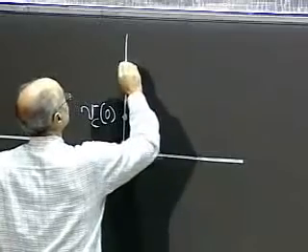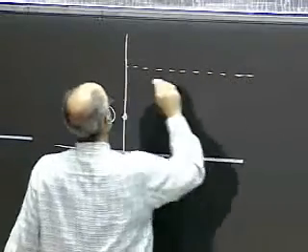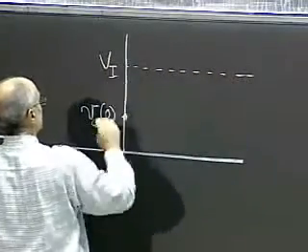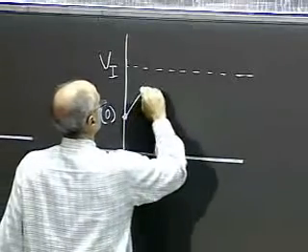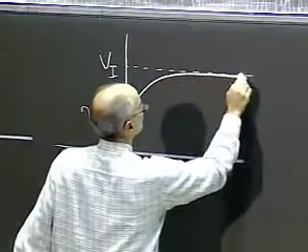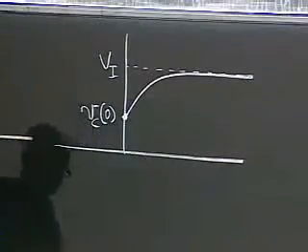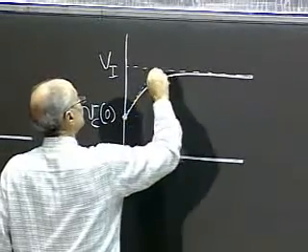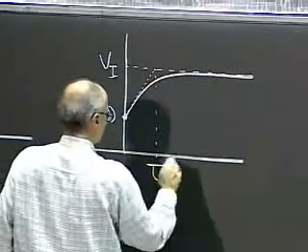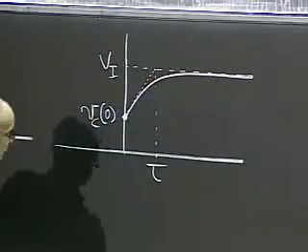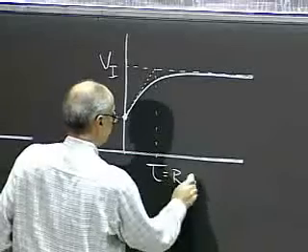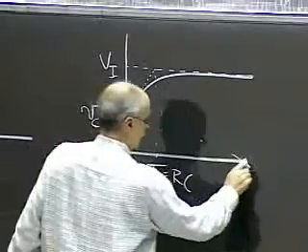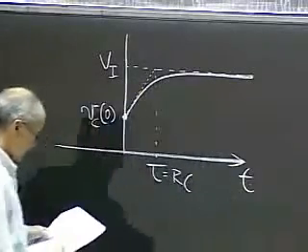Assuming that Vi is a value that's larger than Vc of 0, we'll have a rising exponential that will come to this value. Now this is the time constant RC, and this is time.